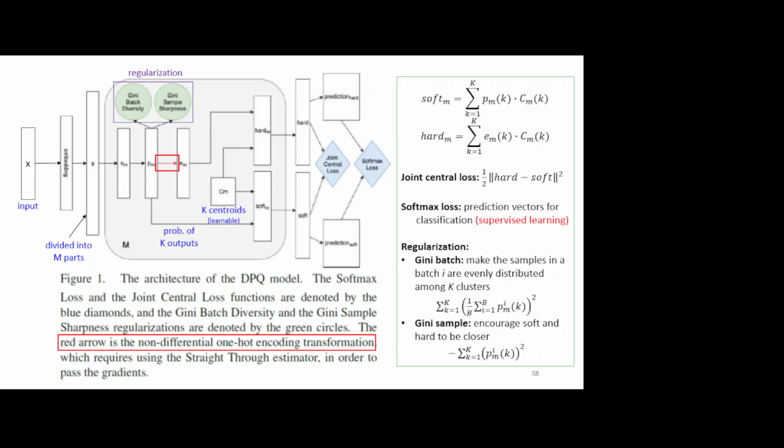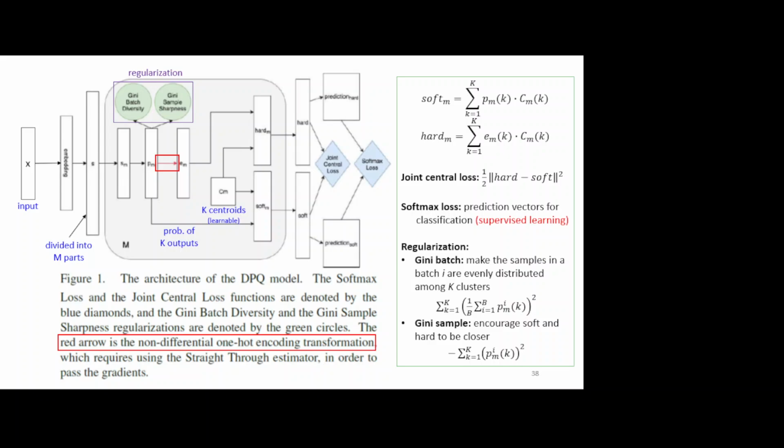For the first segment, we see it's Sn, an n-th segment, because it is already segmented into a smaller subvector. Then through another transformation, we get the Pn. You can treat Pn as the probability of your output, the probability over k outputs.